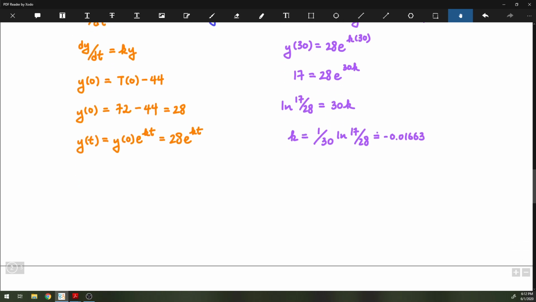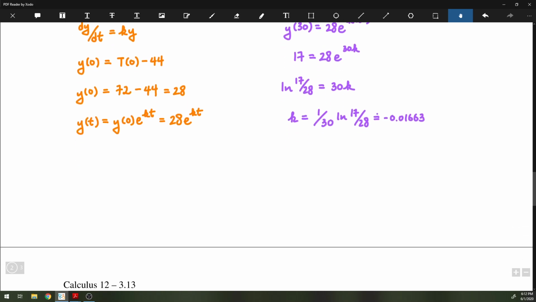All right. So now that we have the formula, we can use it to find out what the temperatures are. In the first instance here, it says another half an hour, so that'll be 60 minutes after the fact. So y of t is equal to 28 e to the negative 0.01663t.